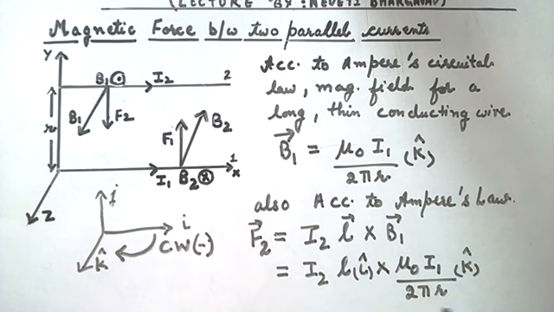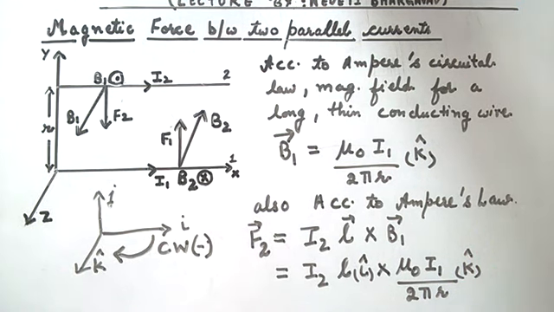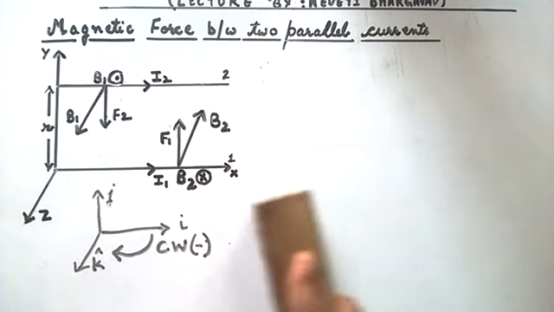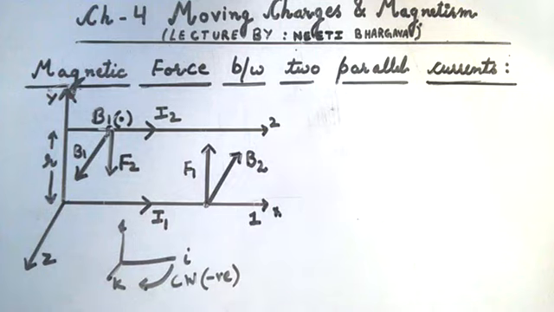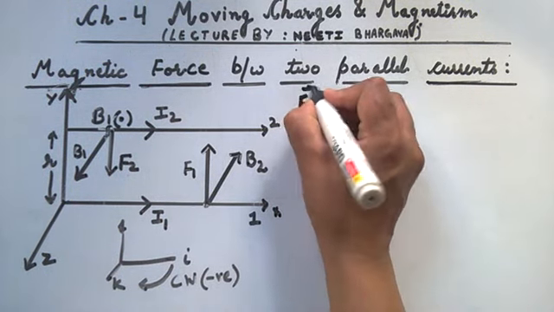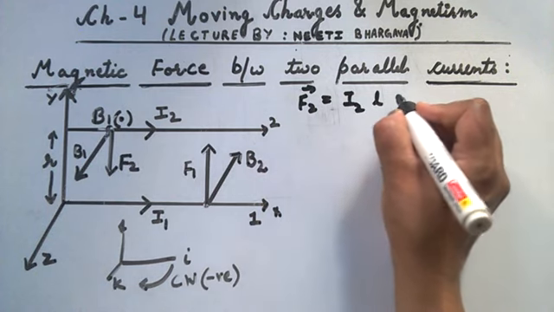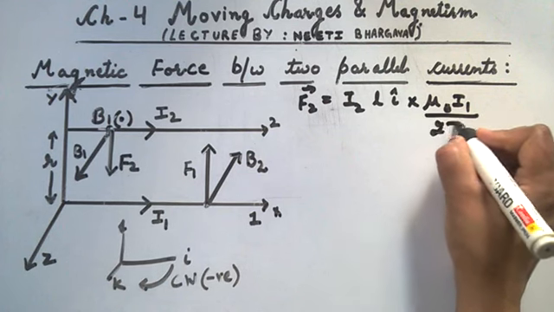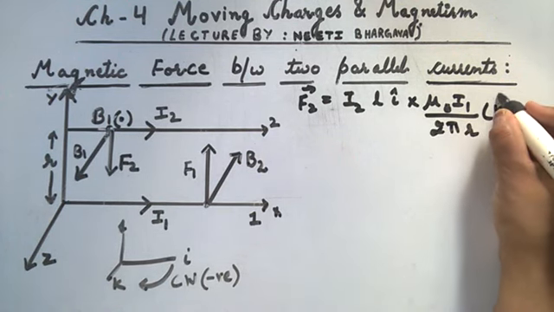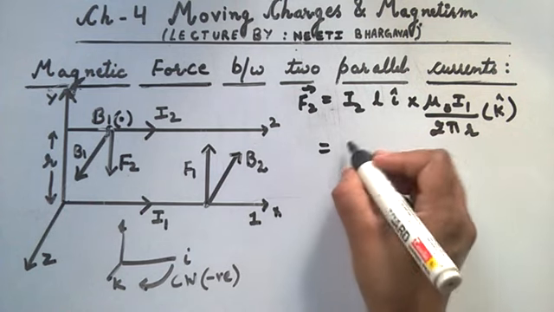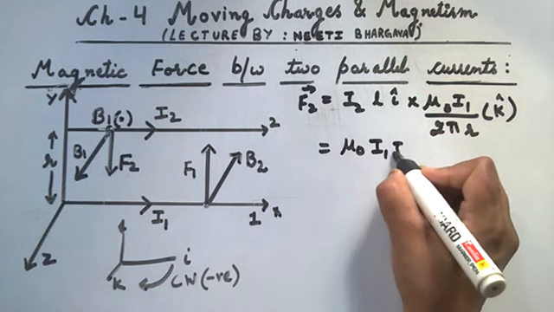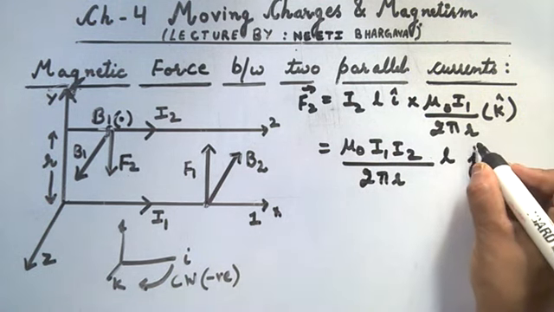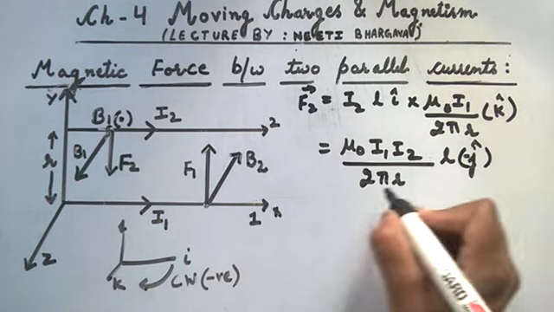Therefore, F2 is equal to I2 L i cap cross mu naught I1 upon 2 pi r k cap, which is equal to mu naught I1 I2 upon 2 pi r L times minus j cap.